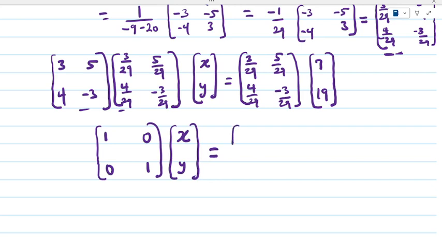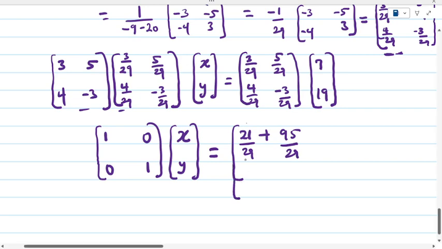So don't forget your matrix rule, row by column. That will be 3 over 29 times 7, that is 21 over 29, plus 19 times 5, that is 95 over 29.